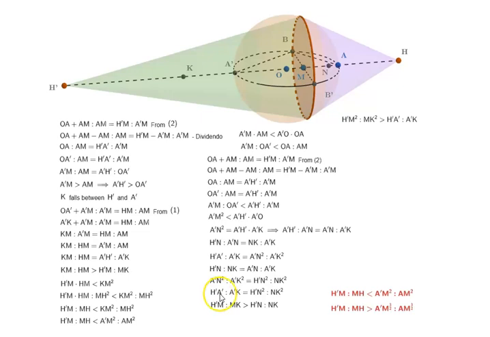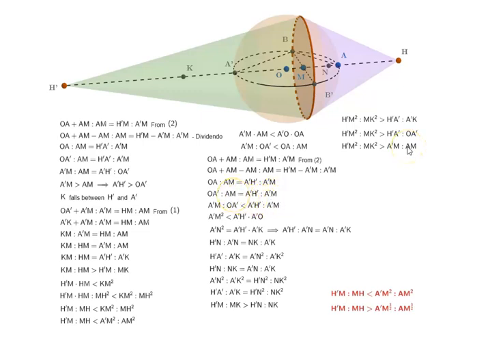But that is equal to H'A' is to A'k. H'm square is to mk square is greater than H'A' is to OA', because A'k is equal to OA'. That means H'm square is to mk square is greater than A'm is to Am, because here if you notice A'H' is to OA' is equal to A'm is to Am.